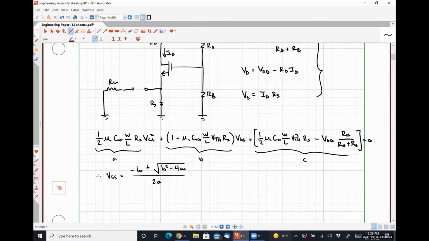And once I know VGS, ID is simply 1/2 mu n Cox W over L times VGS minus VTH squared. So our basic saturation current.